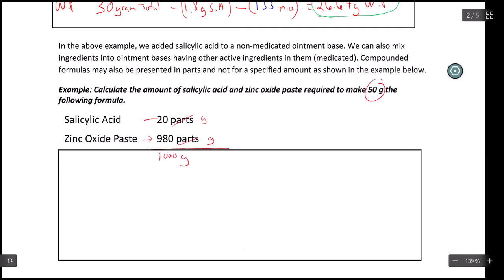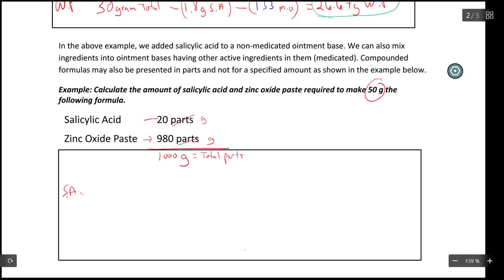This is also saying total parts, because 20 parts is salicylic acid, 980 parts is zinc oxide. Total parts that I see in my example is 1,000 parts, or I can say 1,000 grams total. So how do we break this down for our question? We want to know how much salicylic acid and how much zinc oxide paste we need to use.